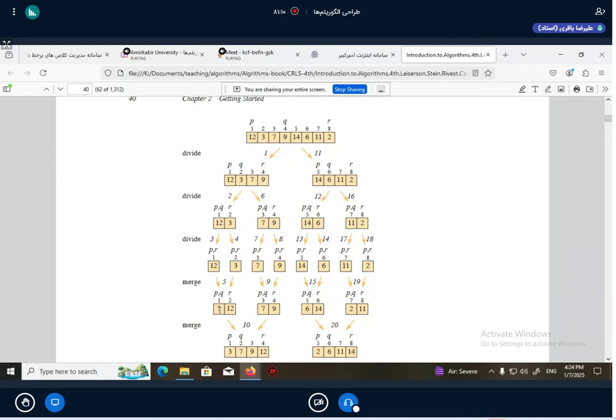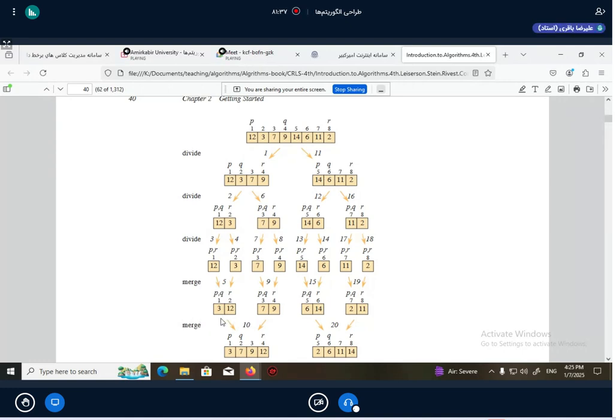Now we have two parts: the first is sorted 3, 12, and the second is sorted 7, 9, and we should merge these two parts. Again, we use the merge algorithm as I described.